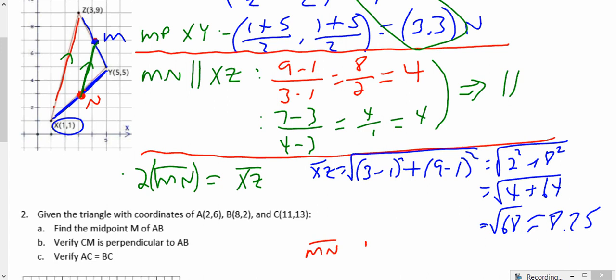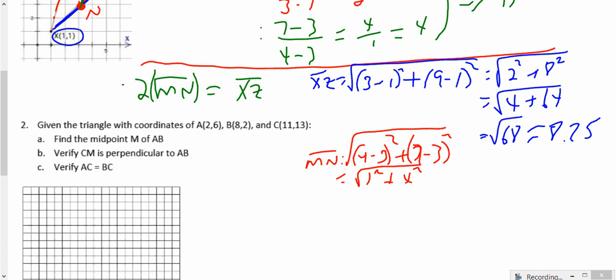I want to go the x value, so 4 minus 3 squared, 7 minus 3 squared, that's a 7, square root, we get 1 squared plus 4 squared, square root, which is equal to 1 plus 16, square root 17, which is equal to 4.12.